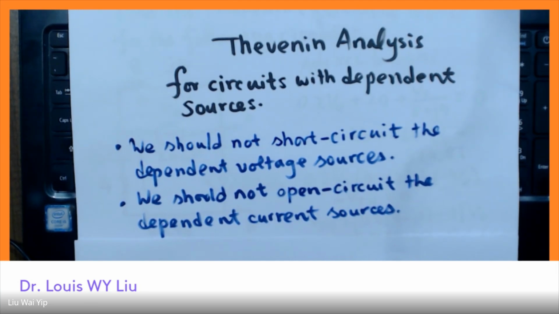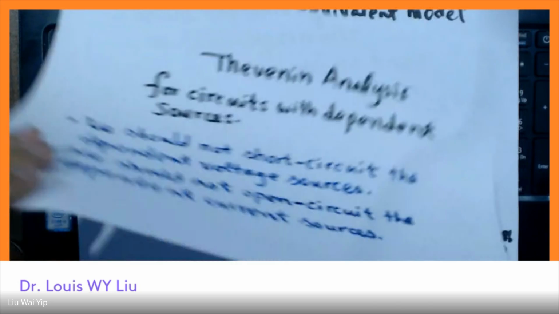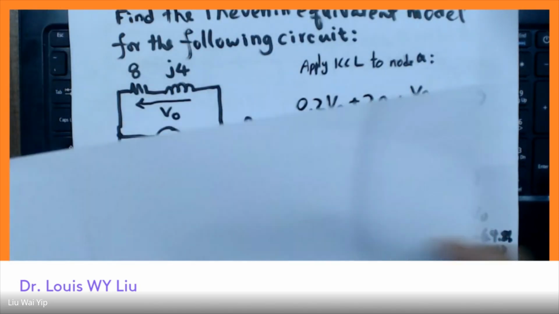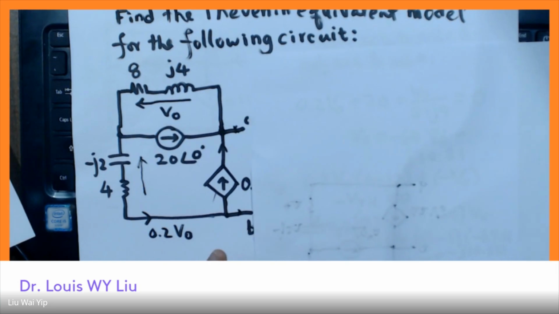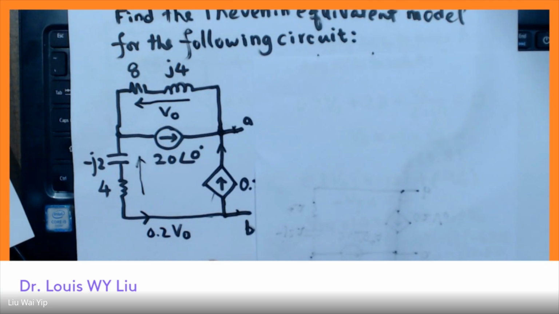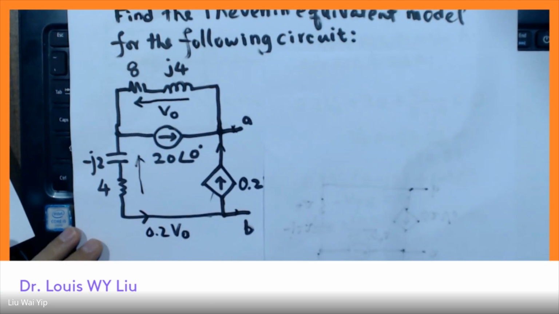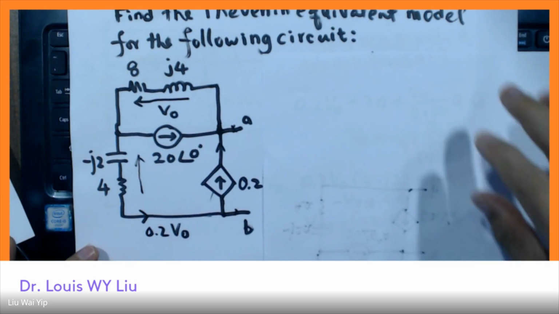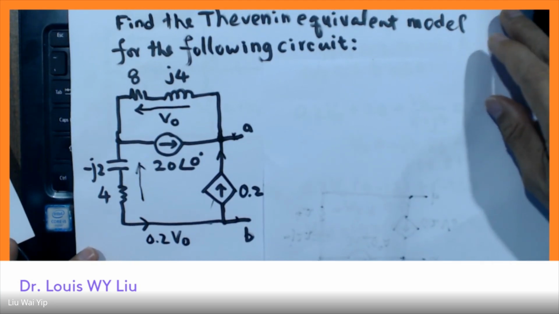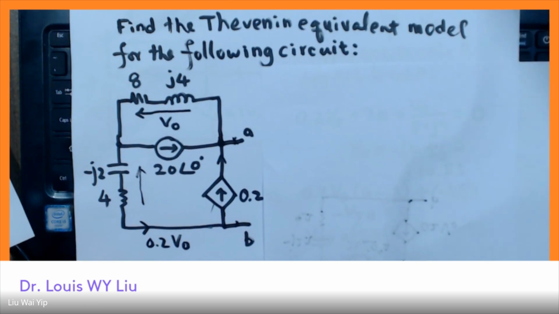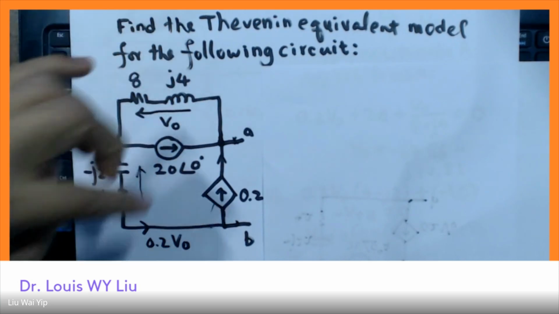So to begin with, I would like to show you an example. So this is the example I would like to walk through with you. We are going to find the Thevenin equivalent circuit for this circuit.